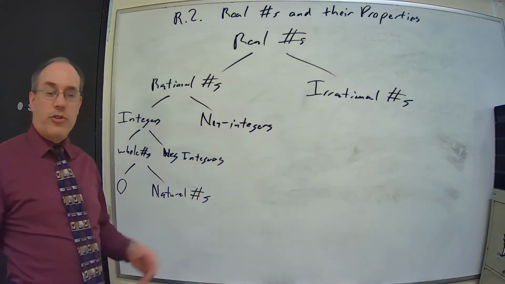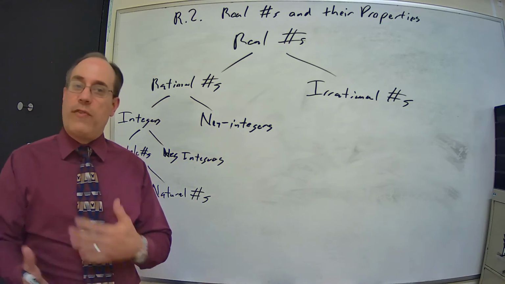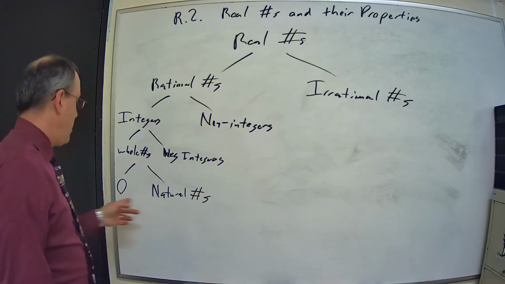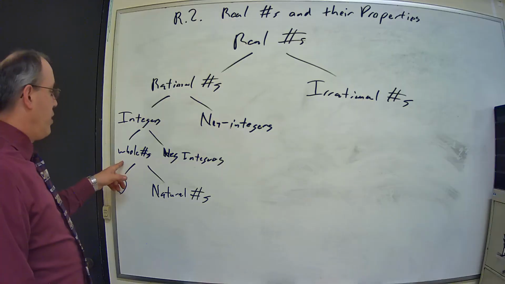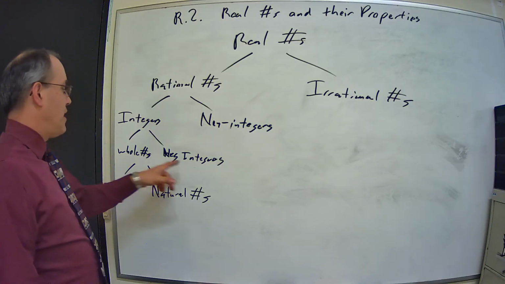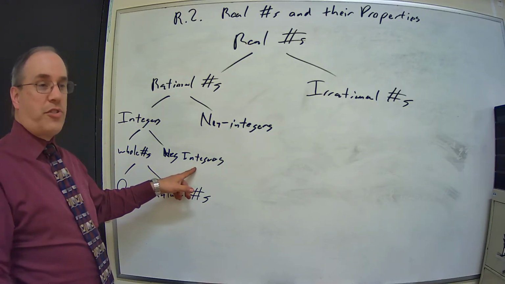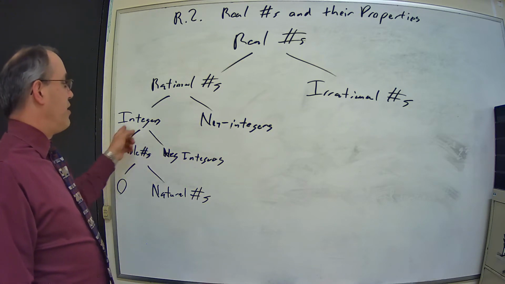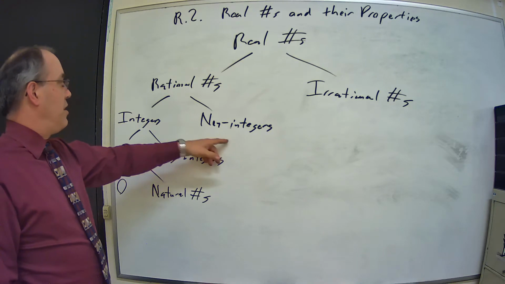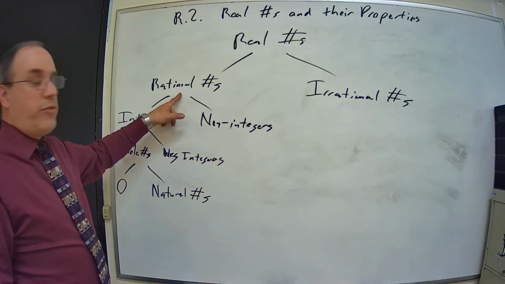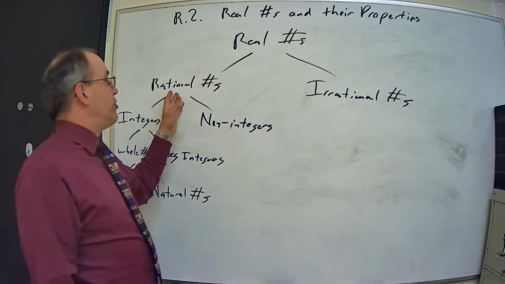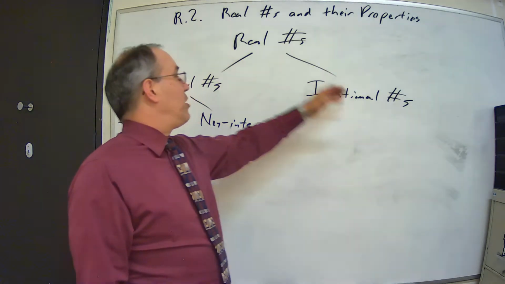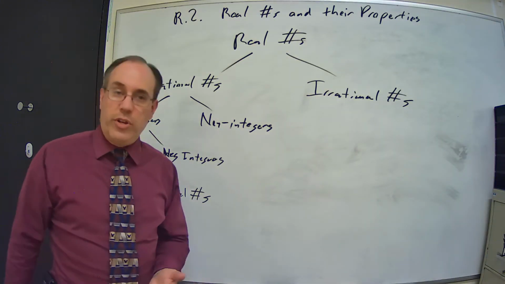Natural numbers are your counting numbers, 1, 2, 3, 4, 5, 6, etc. Add 0, you get the whole numbers. Take your whole numbers and add the negative integers, which are your signed whole numbers, and you get integers. Take your integers and your non-integers, and that puts you into rational numbers. Rational numbers and irrational numbers take you to the real numbers.